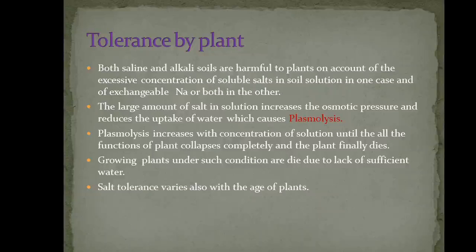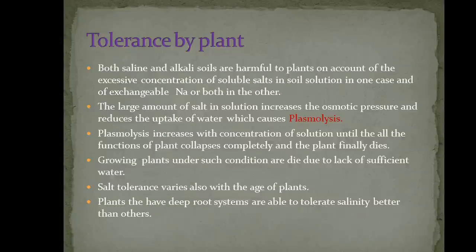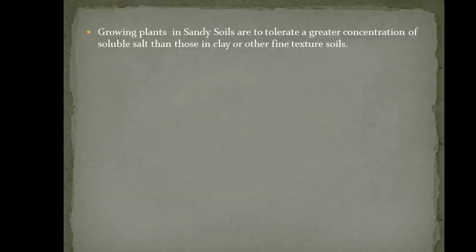Plant tolerance varies also with the age of plants. Plants that have deep root systems are able to tolerate salinity better than others. Growing plants in sandy soil are able to tolerate a greater concentration of soluble salt than those in clay or other fine structured soils.